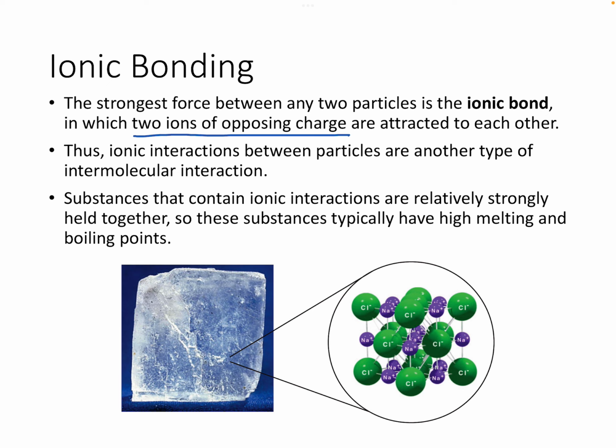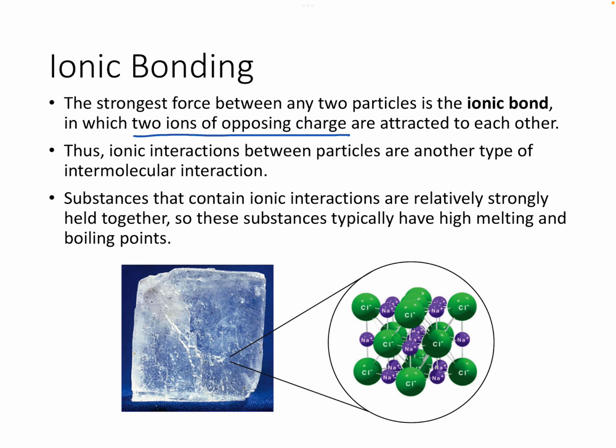Now, back in chapter 3, we also talked about how substances that contain ionic interactions are relatively strongly held together. So ionic compounds typically have really high melting points and really high boiling points. In particular, we looked at sodium chloride, and sodium chloride is just table salt.